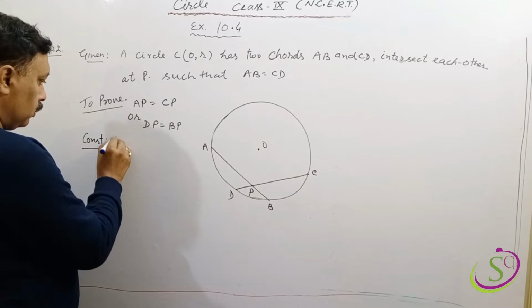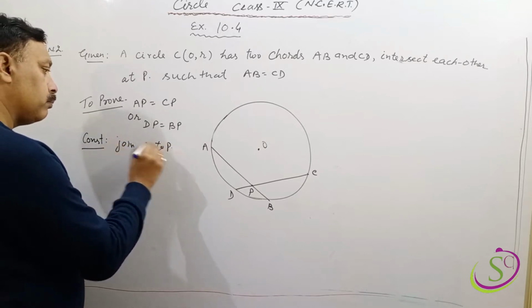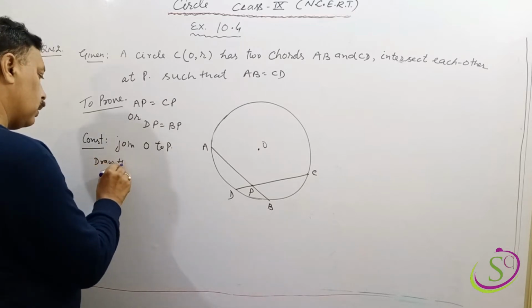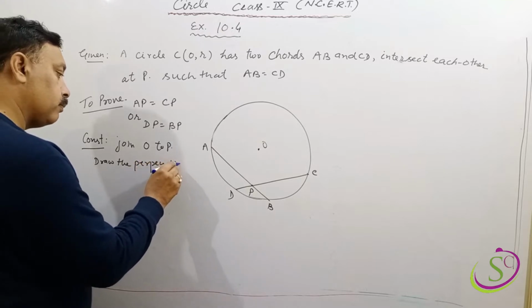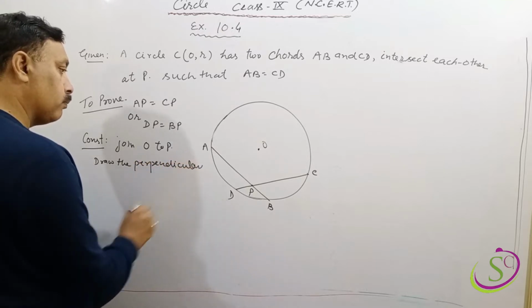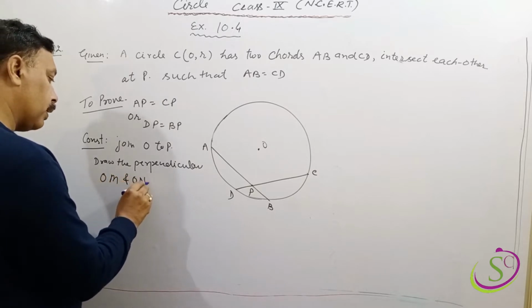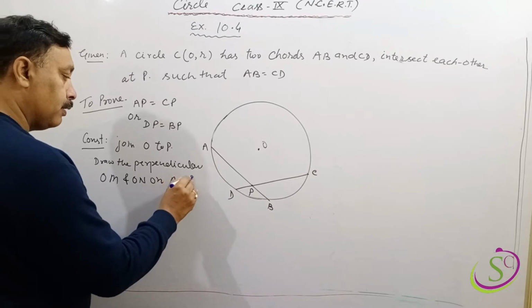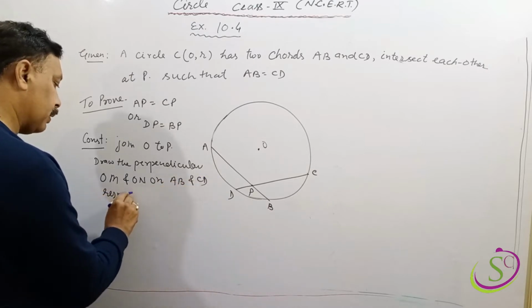Construction: join O to P and draw the perpendiculars OM and ON on AB and CD respectively.